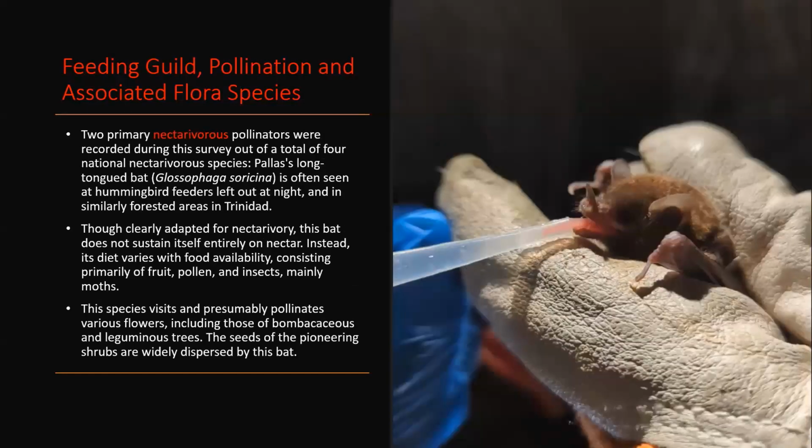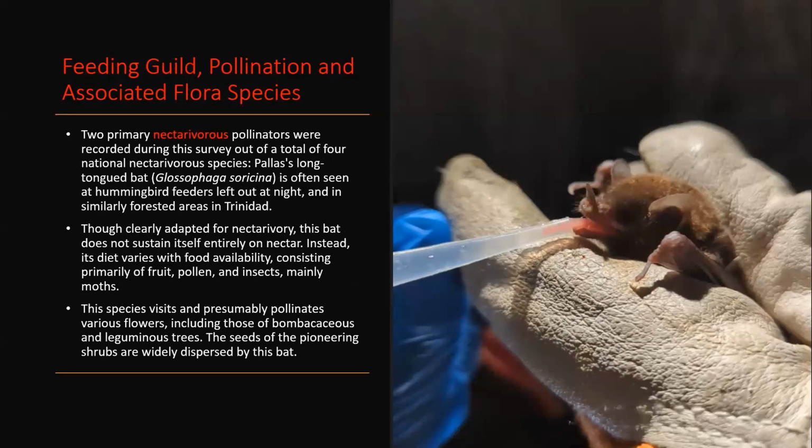Two primary nectarivorous bats were recorded during this survey out of a total of 4 national nectarivorous species. Pallas's long-tongued bat, Glossophaga soricina, is often seen at hummingbird feeders left out at night and in similarly forested areas in Trinidad. Though clearly adapted for nectarivory, this bat does not sustain itself entirely on nectar.